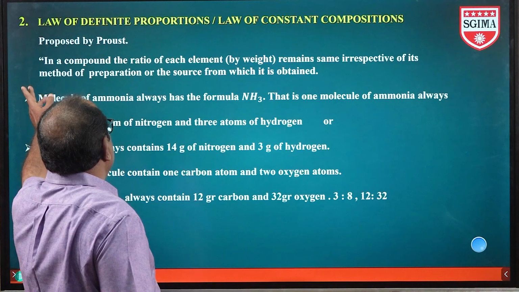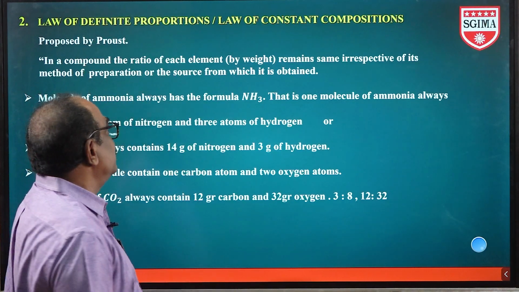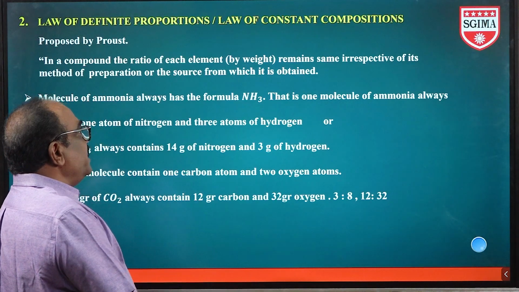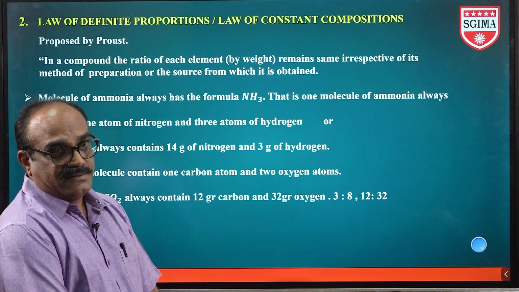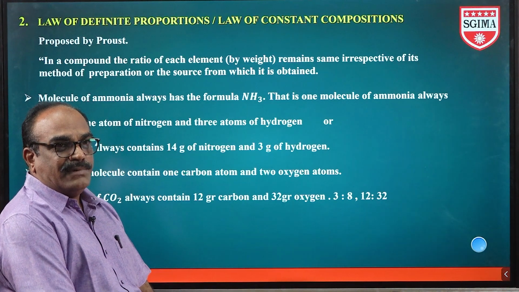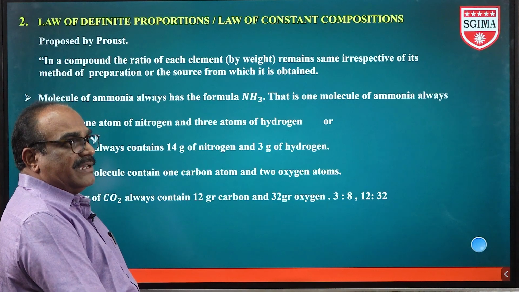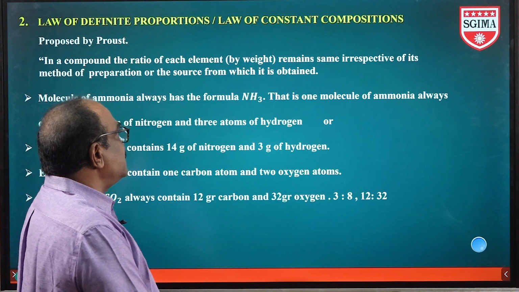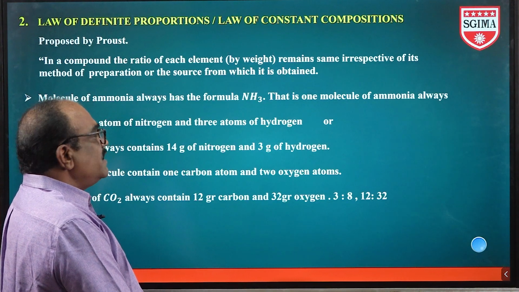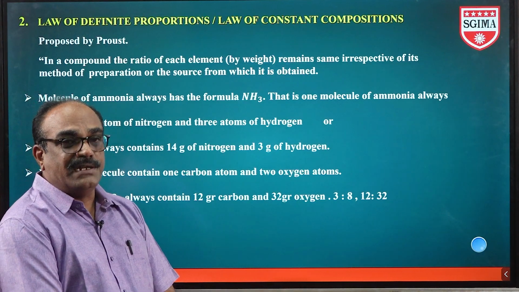This law is proposed by Proust. In a compound, the ratio of each element by weight or by mass remains the same irrespective of its method of preparation or the source from which it is obtained. In chemistry, mass and weight are taken with equal meaning.